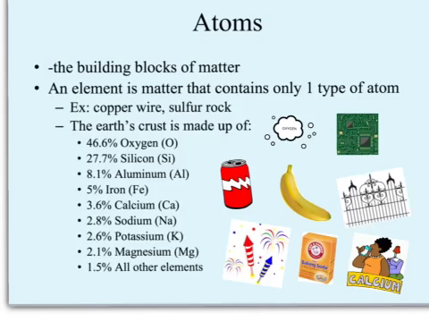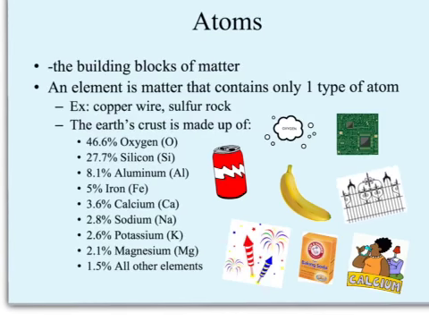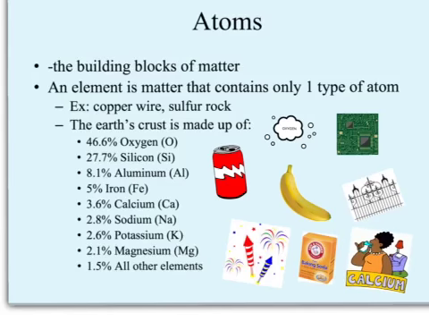Next up on our list with 8% is aluminum. Yep, that's right, the stuff you drink soda out of. With 5% we have iron, such as iron gates. Iron can also be found in your blood. Calcium is found in a lot of dairy products such as milk, and calcium is used to build your bones. Sodium is found often in the kitchen with baking soda.